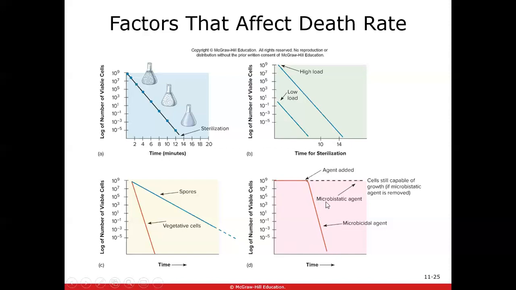But if you take this antimicrobial agent away, then the viable cells that are left will go back up to the original number. That's where it talks about a microbistatic agent. That has something that allows the microbes to actually grow back to where they were, if the microbicidal is taken away.